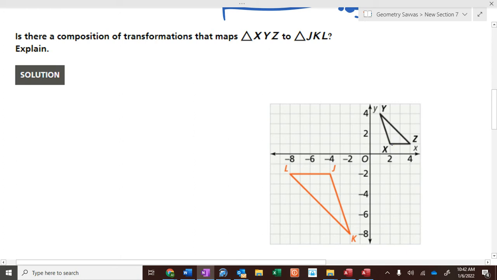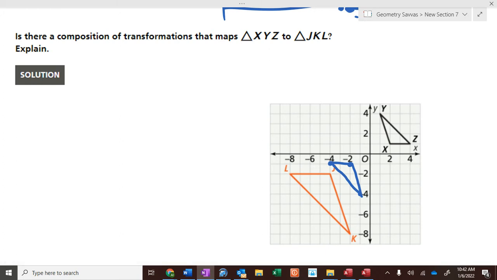So X is at 2, 1, so I'm going to go -2, -1. Z is at 4, 1, so I'm going to go -4, -1. Y is at 1, 4, so I have to go -1, -4. Okay? So that looks like it's the same shape.